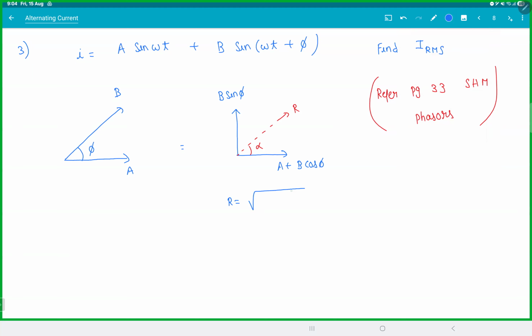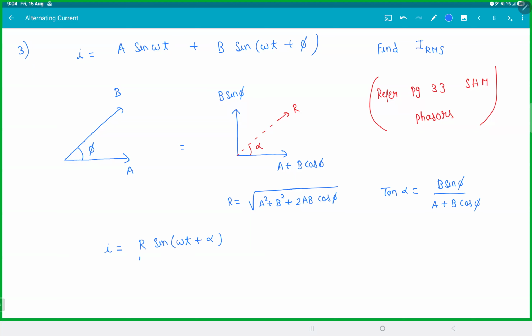R will be root over A square plus B square plus 2AB cos phi. Parallelogram of vectors, you can do that. And tan alpha will be opposite side by adjacent side, B sin phi by A plus B cos phi. That means you can write the total current I is equal to R sine omega t plus alpha. That's how you can combine the two functions into this.